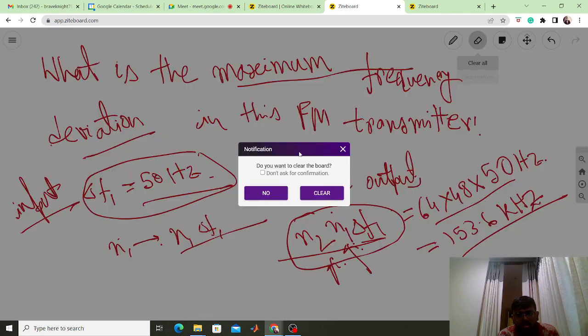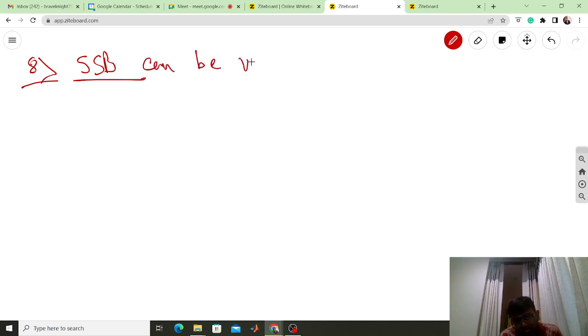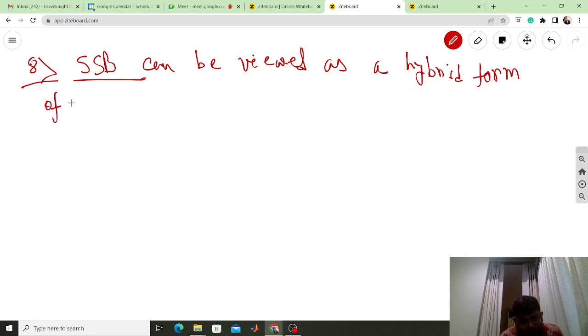Okay, let us go to the next question. SSB, that is the single sideband modulation, can be viewed as a hybrid form of amplitude and frequency modulation.